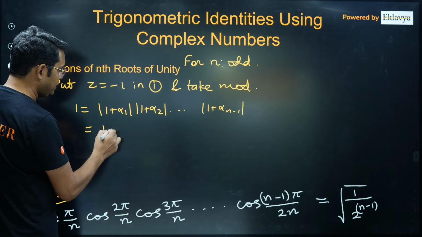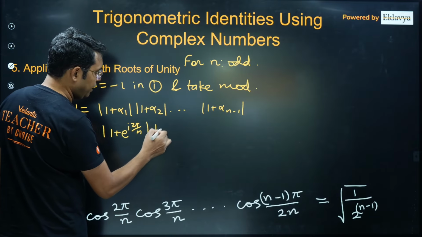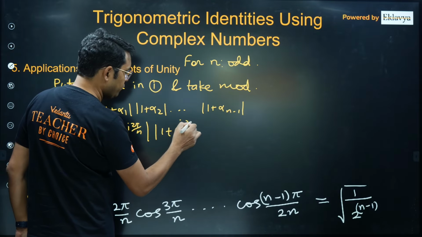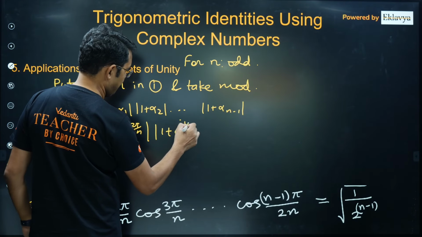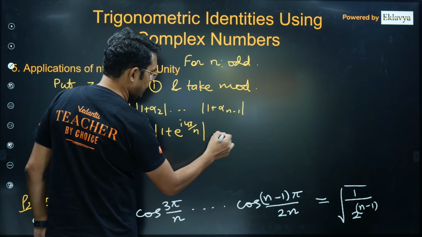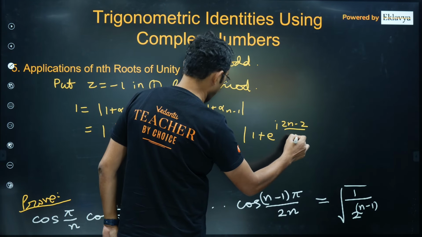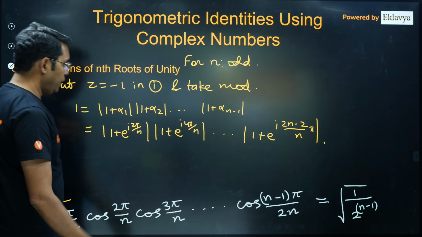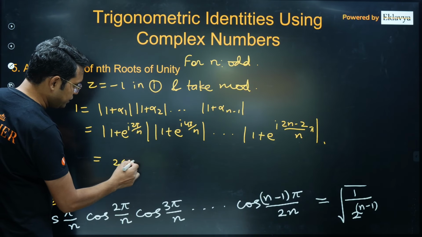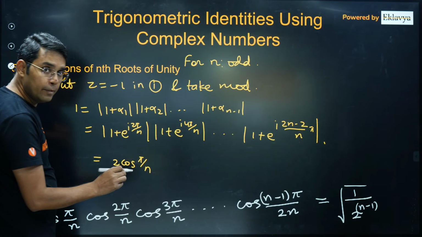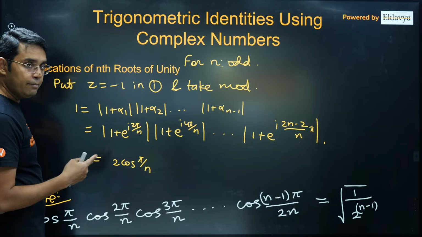You know alpha 1 means it is e power iota 2 pi by n, and alpha 2 means e power iota 4 pi by n, and so on, 1 plus e power iota 2n minus 2 upon n into pi. Okay, now I have talked about this also already. So the mod of this will be 2 cos pi by n. Okay, and these are total how many brackets? I think once again n minus 1 brackets.